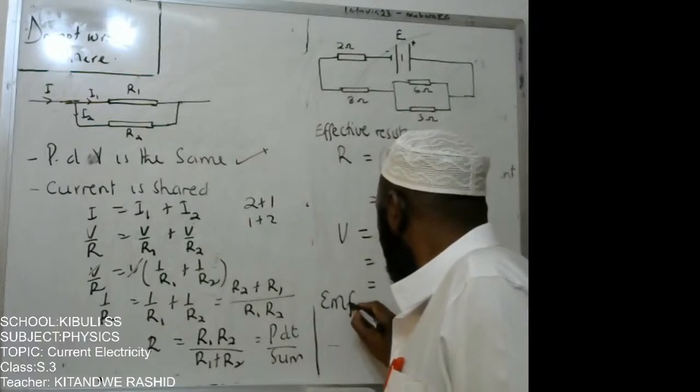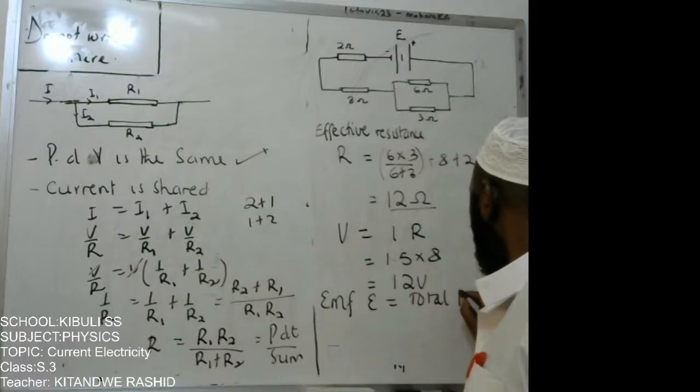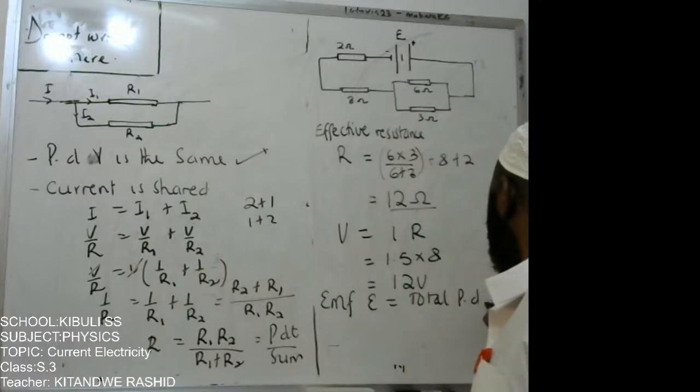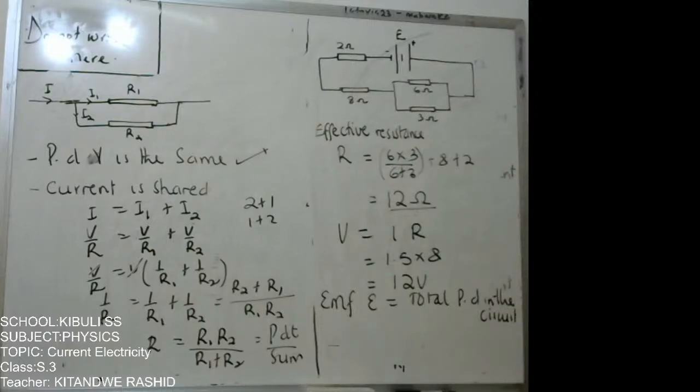EMF E is equal to total PD in the circuit. And if that's true, that means to get EMF, we get total current times total resistance. You get the total PD of the circuit. So therefore, EMF E is equal to I R, total current times total resistance.